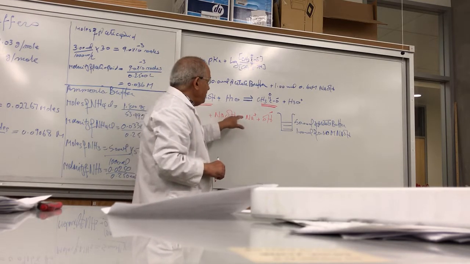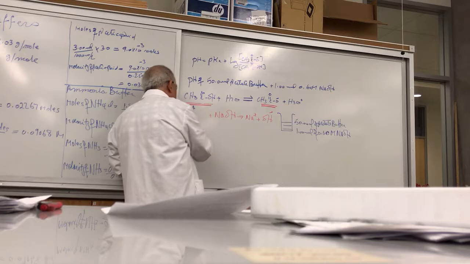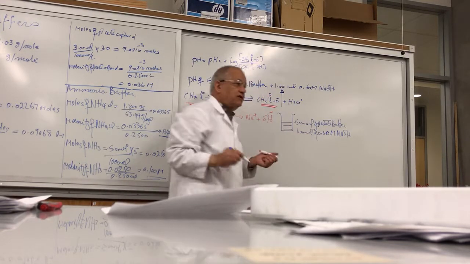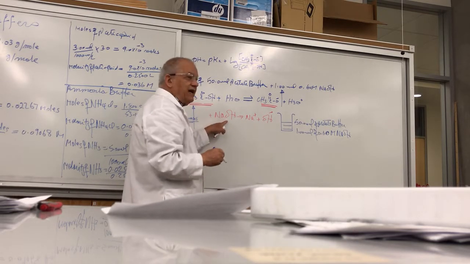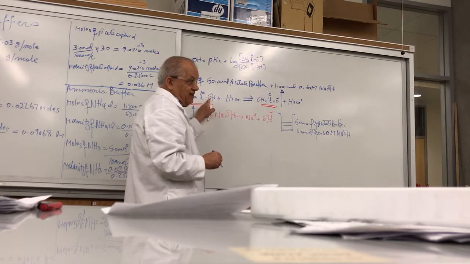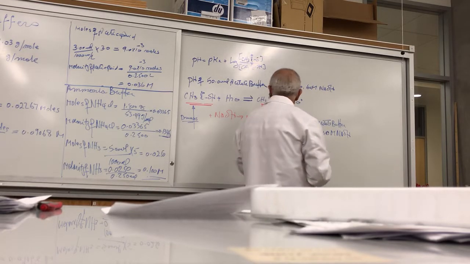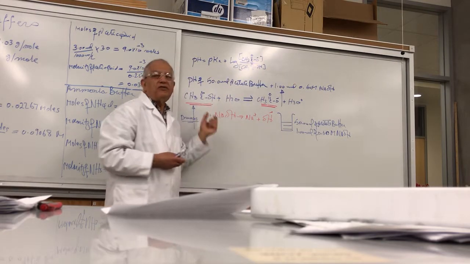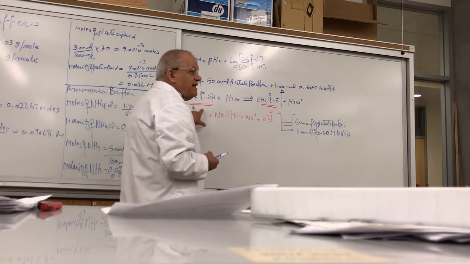There's a proton here. So actually, the concentration of this will decrease from its initial concentration, and this will be increased. You understand why? You added sodium hydroxide, and it is going to react with the acid. So in your acetate buffer, the acetate will go up because sodium hydroxide plus acetic acid gives you sodium acetate, and that will increase your acetate ions, and your acetic acid will decrease.